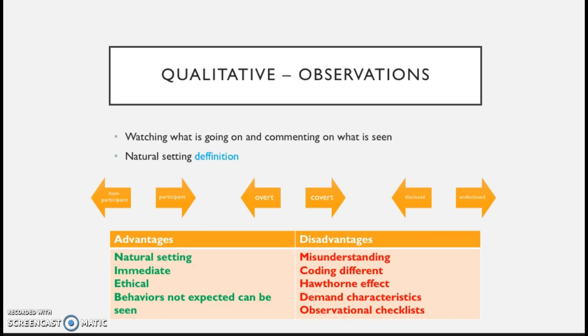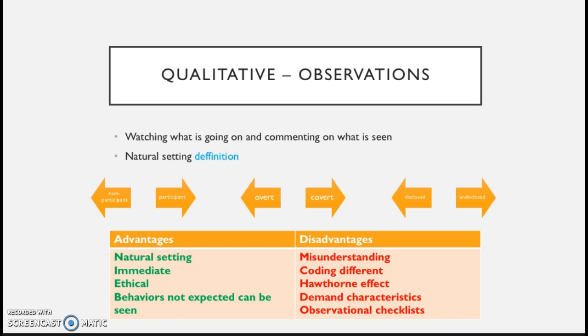you may not see how they actually would react. Some of the disadvantages, though, are that there may be misunderstandings. So if there's more than one researcher, then you will need to code things so you know exactly what one action actually looks like compared to what you think it might look like. And therefore this can cause some differences, and it can make it quite difficult to see what is actually happening.